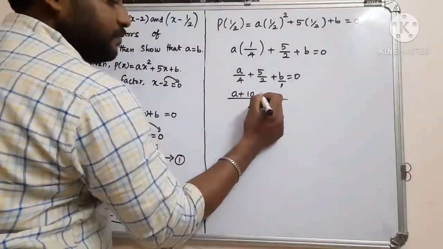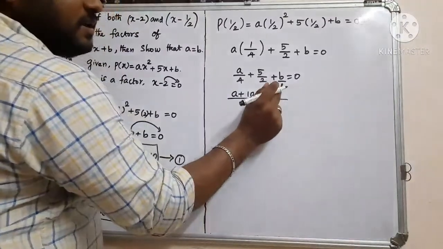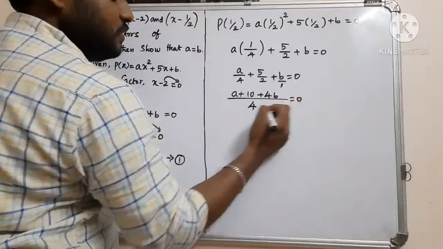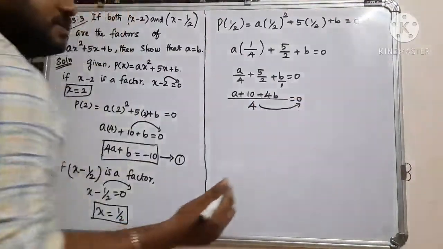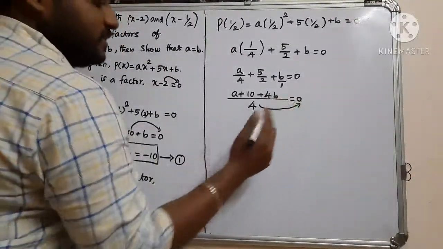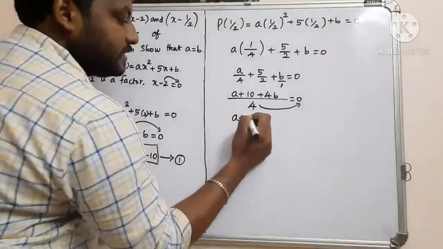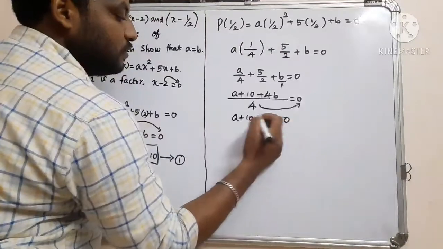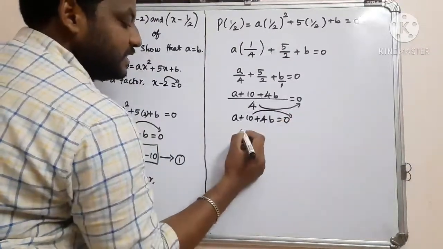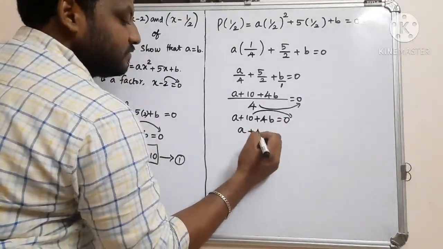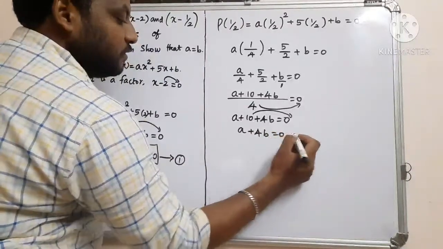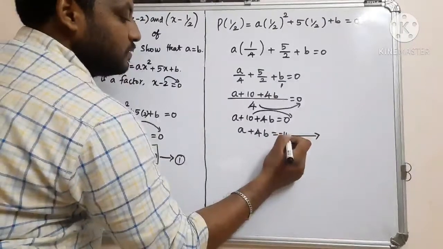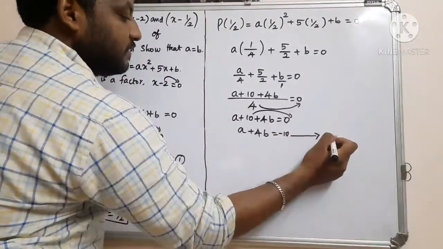So 10 plus, here we have to multiply with 4, so 4b is equal to 0. So the denominator should be shifted over into multiplying. So 4 into 0, 0. So a plus 10 plus 4b is equal to 0. So plus 10 will change into minus 10. So a plus 4b is equal to minus 10. So this is equation 2.